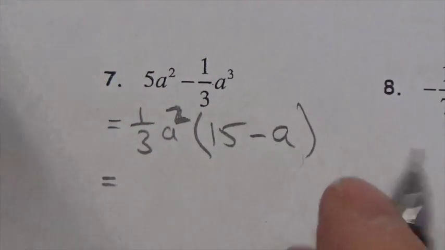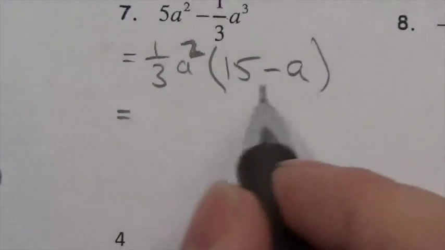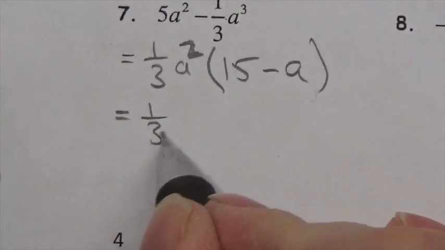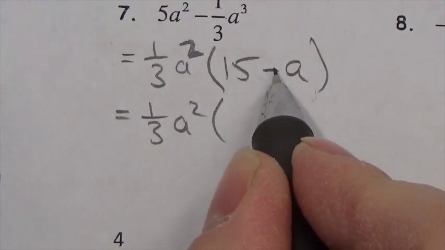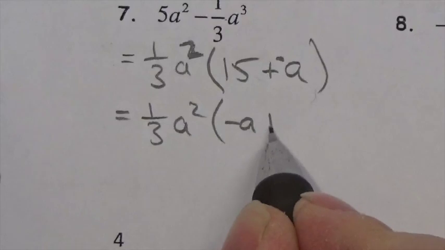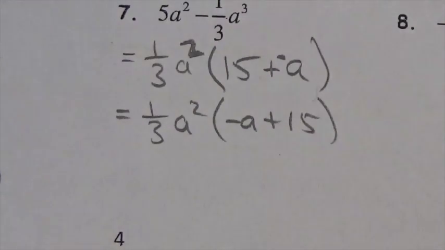Now, that is correct. There's nothing wrong with that, but it's written in kind of an awkward order. So I'm going to fix the order a little bit. I'm going to make this 1/3 a squared. I'm going to change the order, but I'm going to assume that this is positive plus a minus a, so I'm going to make this negative a plus 15. That's a little bit of a cheat. Order doesn't matter with addition, but it does matter with subtraction.